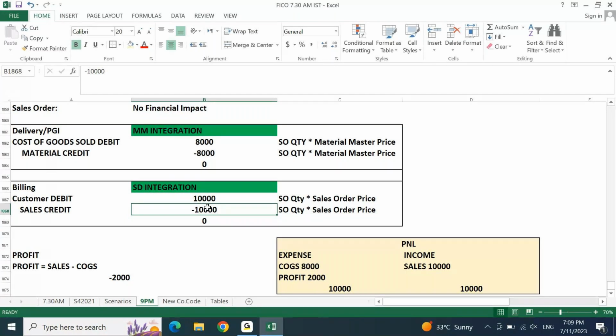How these other conditions are handled in your sales and distribution integration, or SD integration, I'll explain with simple examples when we are actually configuring SD integration. But from your interview point of view, whatever points you need to remember and how you need to explain, I'll list out in detail. Along with the scenario and accounting entry, what points you need to mention in your interview, I will list out everything.